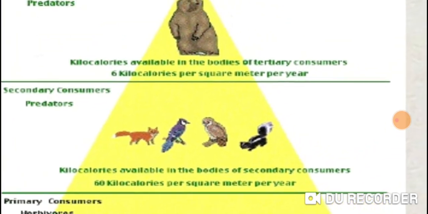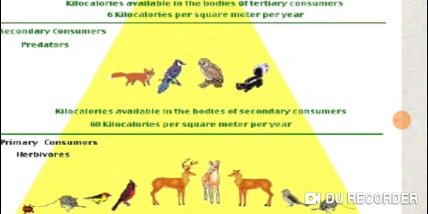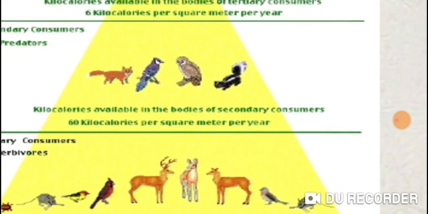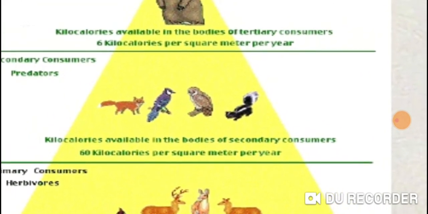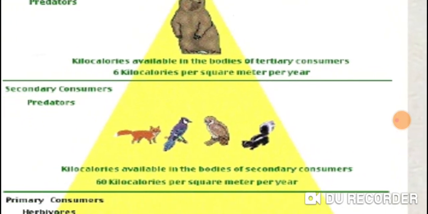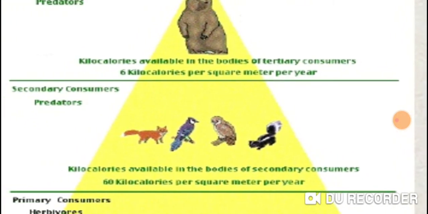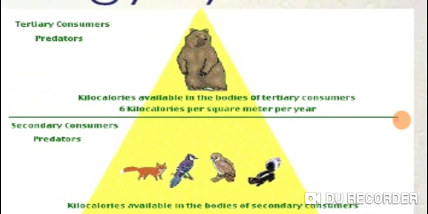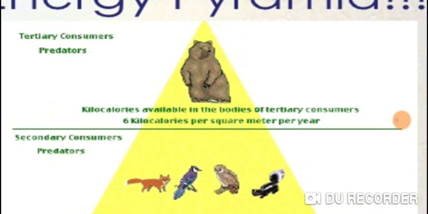And then when those organisms like sparrow, deer, buffaloes are eaten by fox, eagles, owls, squirrels, these organisms are reduced and further eaten by the tertiary consumers. For example, bear that eats both plants and animals and fruits and a different variety of organisms.